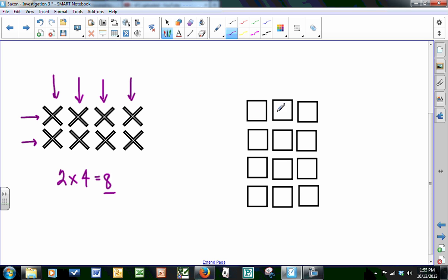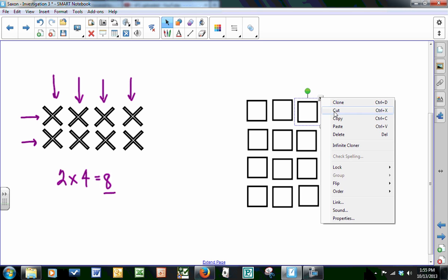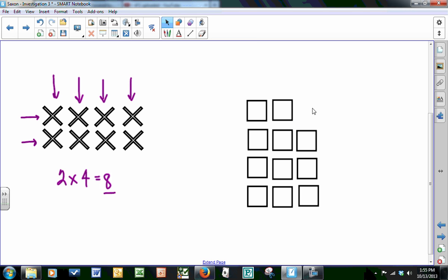See, I have 1, 2, 3. I have 3 going across in each row. And I have 1, 2, 3, 4. I have 4 going down in each column. That's what makes it an array. If I got rid of one of these, like let's get rid of this one, this is no longer an array.